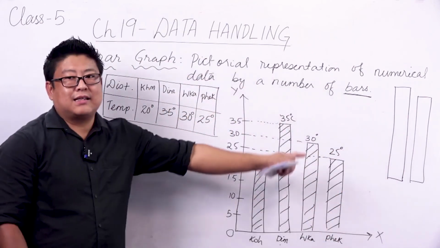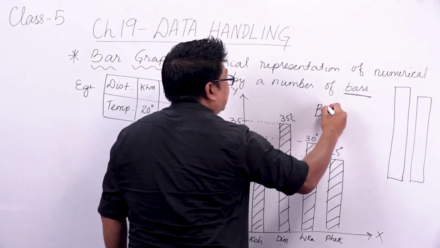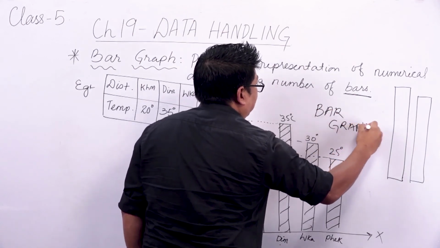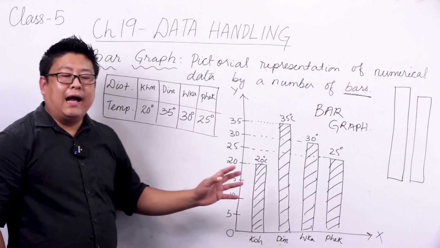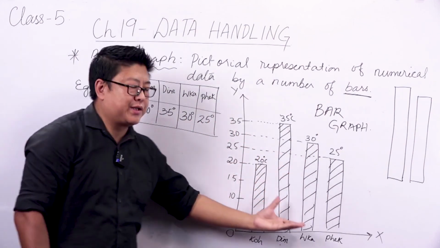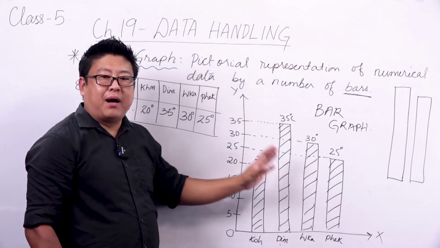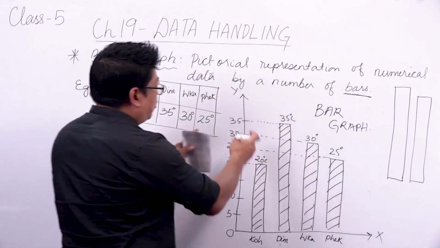Now this whole picture, the whole illustration is called a bar graph. Okay? So this is how you will draw a bar graph. And sometimes the question will come the opposite. Without this table, this question will come. Sometimes they may ask you, what does the bar graph represent? Okay? So to answer those questions, you have to write here first.